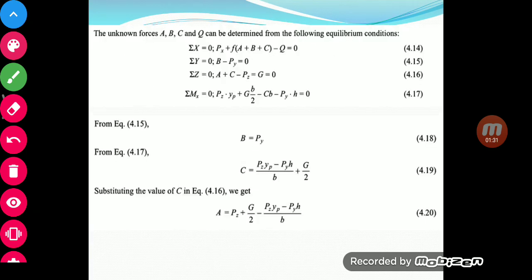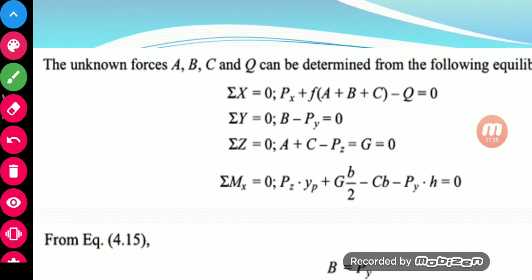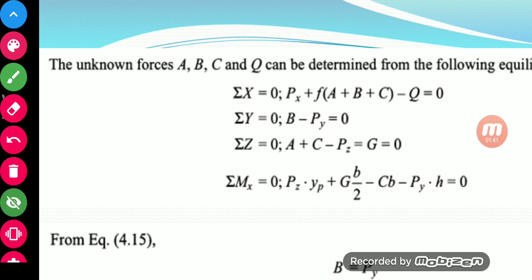The equations would be based on the summation of the forces in the various directions. So here we see the equation of summation of the forces in the x direction, y and z direction. Let us look at the x direction.